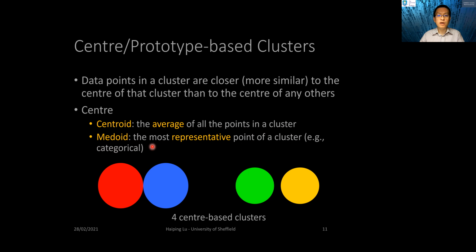So you just take the most representative point as the medoid. So these are typical examples of center-based clusters. So here, if we cluster these points into 4 clusters, we have 4 center-based clusters as indicated by different colors over here.